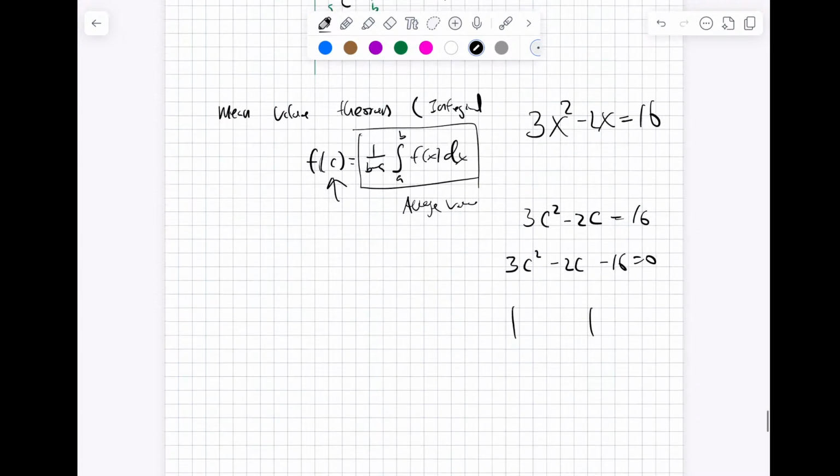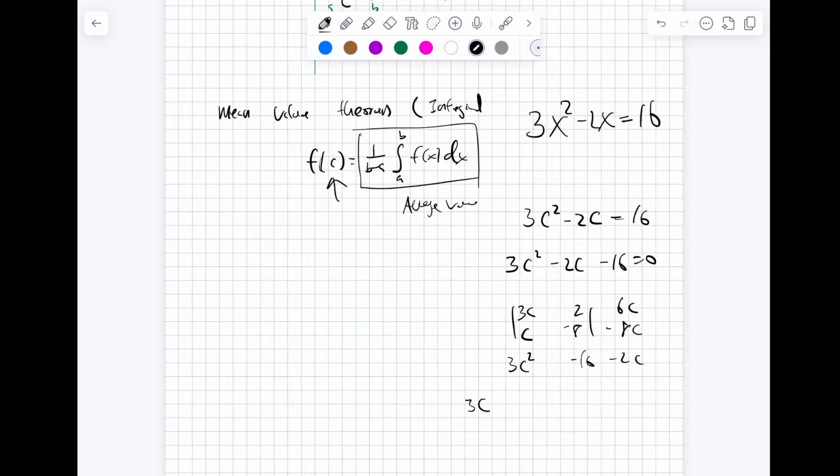I'm going to use the box method even though you guys don't like it. 3c and c, and 2 and 8, I think. 6c and 8c. Which one needs to be negative? This one needs to be negative.